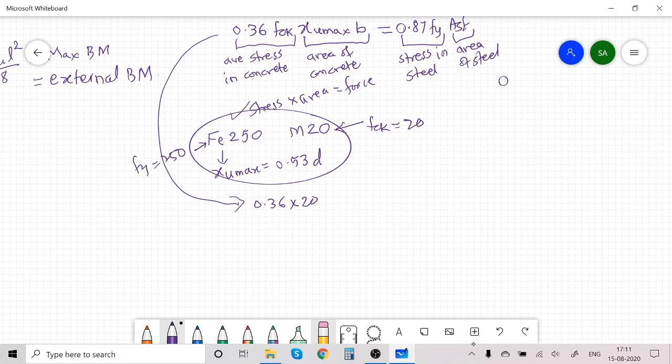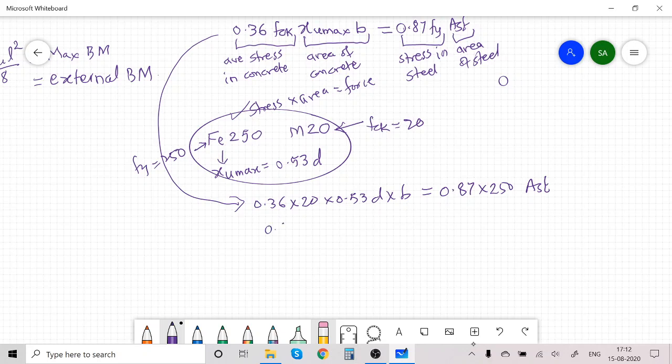So 0.36 FCK XU max, that is 0.53 D into B, is equal to 0.87 Fy, that is 250, AST.